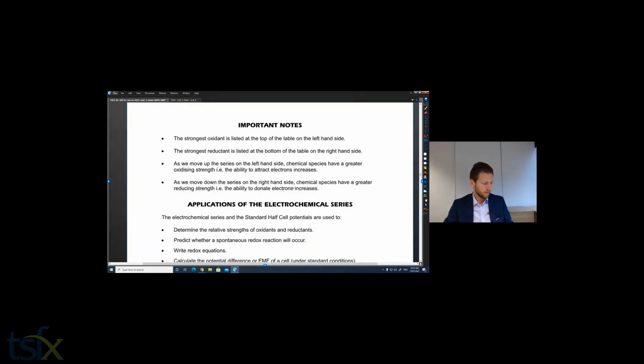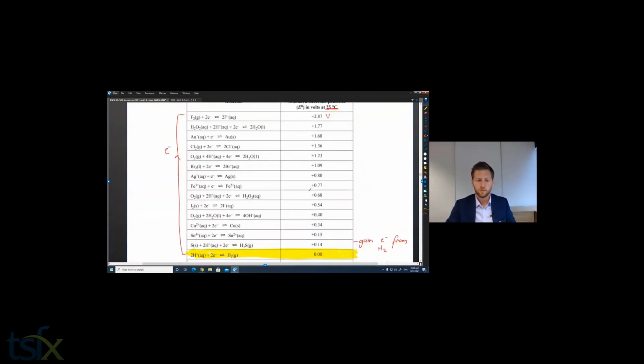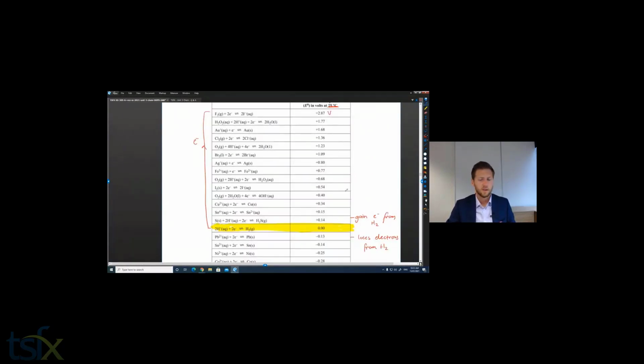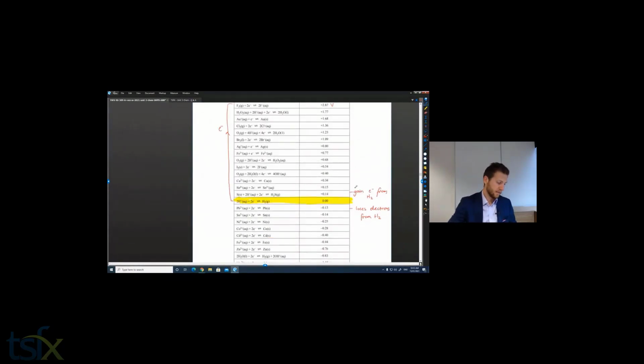I'll just go through a couple other terms. So if I zoom out a fraction, so we can see the whole thing. Anything here accepts electrons more readily.